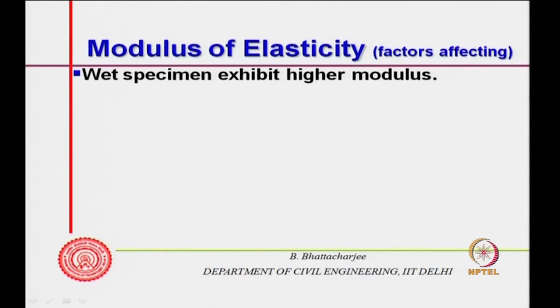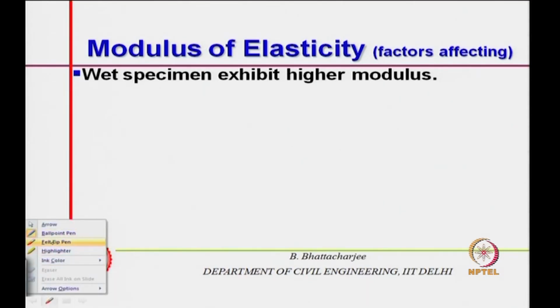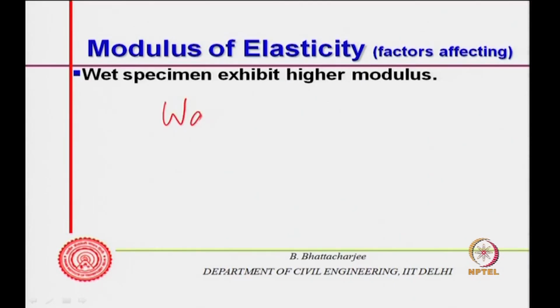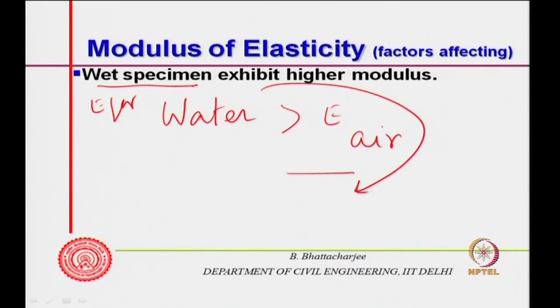Why? Because E for water is more than E for air, both are fluid by the way. So, for wet specimens, the pores are saturated with water, the pores are filled with water.